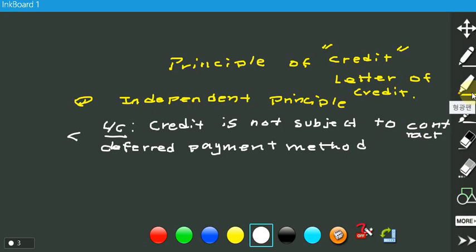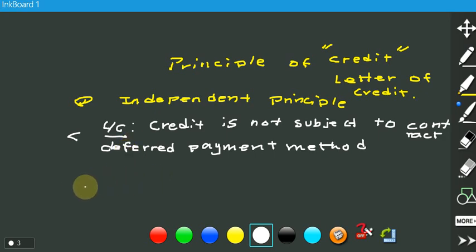Okay, meaning that this credit is working separately. What is the meaning of this? We have two tracks of proceeding. Actually, a letter of credit is mostly issued on the basis of a contract, right?